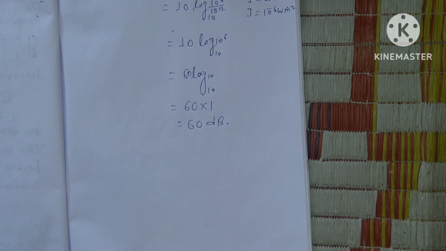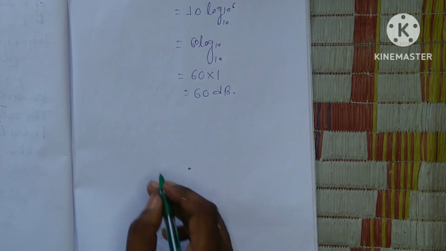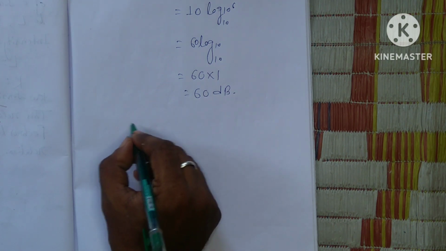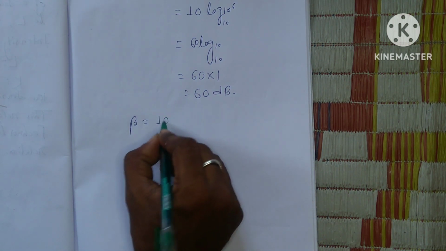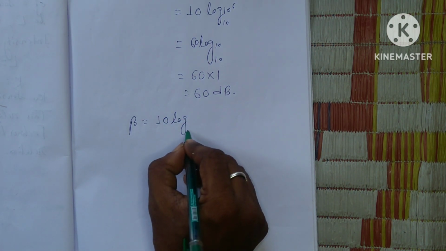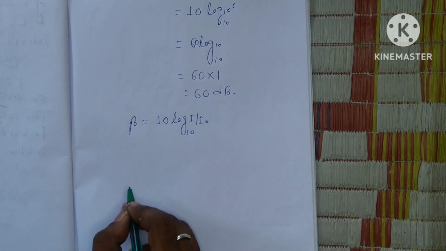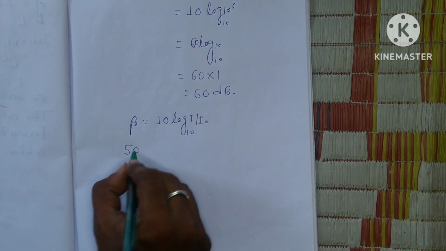So second part, that is 50. Here beta equal to 10 log 10 base I by I0. Here intensity level is given, that is 50.